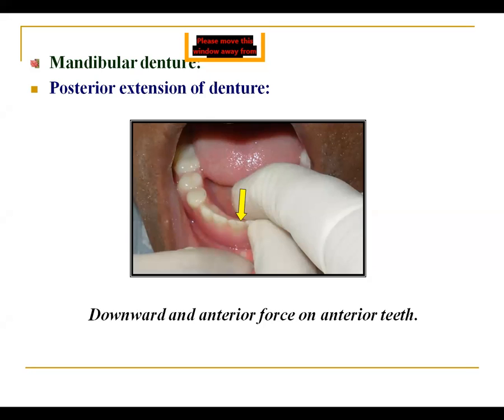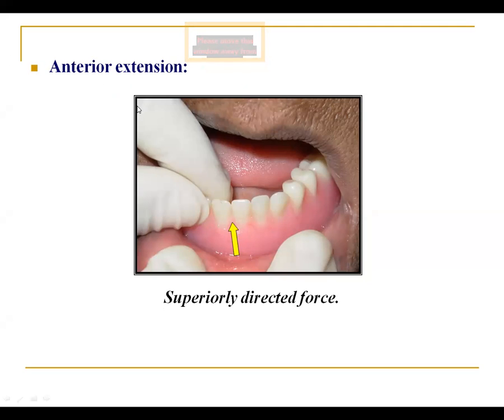If it lifts from behind, then there is a problem with retention of your lower denture also, and we have to mark the posterior extension of your denture. For anterior extension, we check with just the opposite action, a pull.